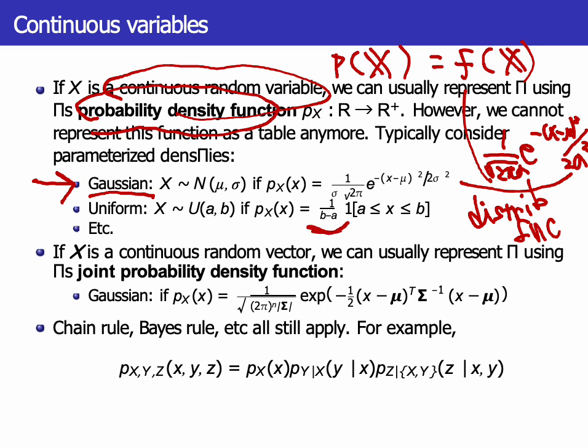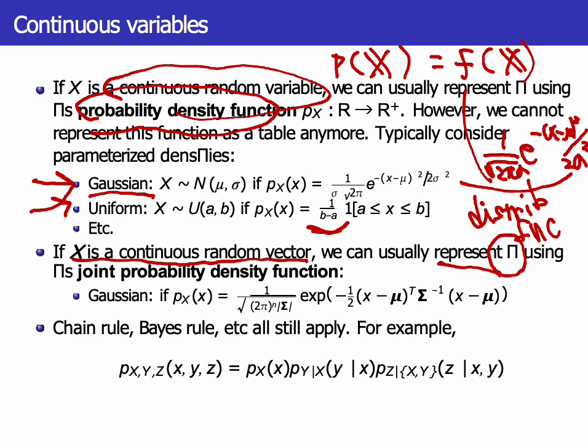So we can assume many probability distribution functions in a Bayes network. If X is a continuous random variable, we can usually represent it as a multiplication of joint density probability functions.